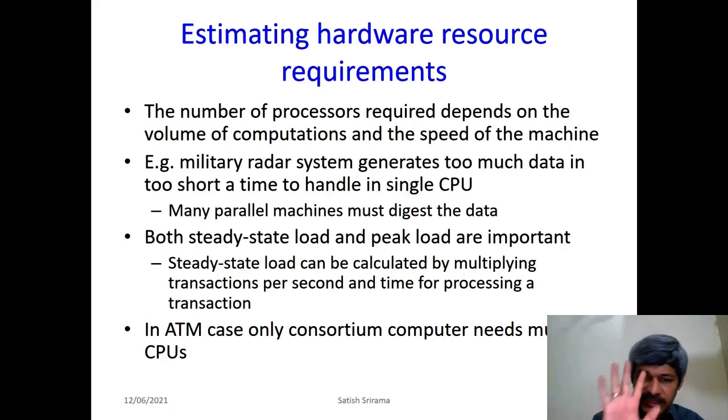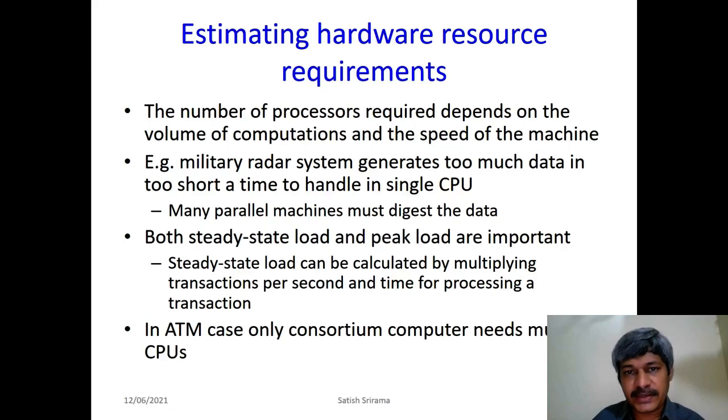It is receiving almost 60 concurrent requests at any time, based on the steady state load. So you may need multiple CPUs for this consortium computer lying in the middle. Remember the diagram we saw in one of the earlier videos about the ATM subsystems.